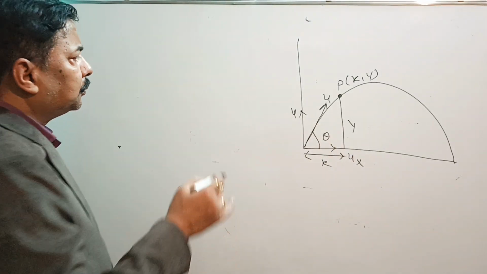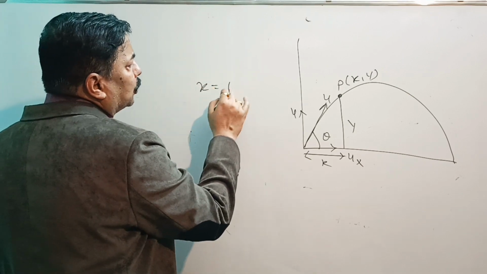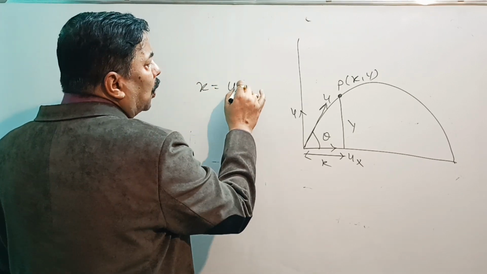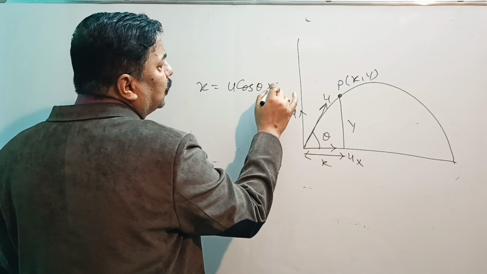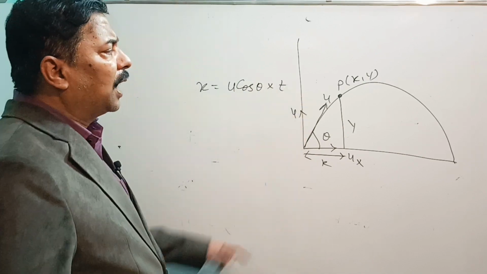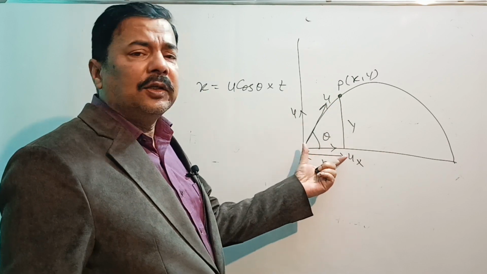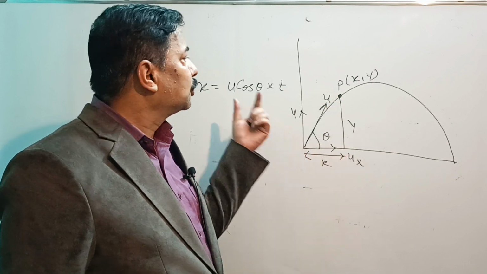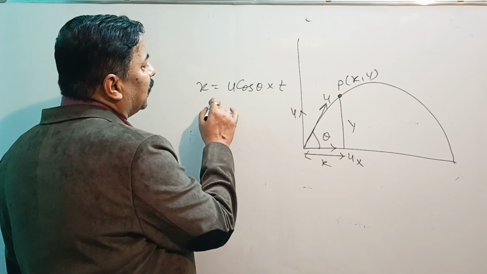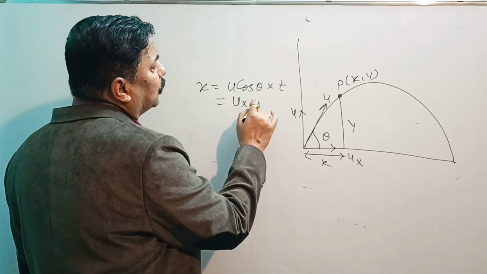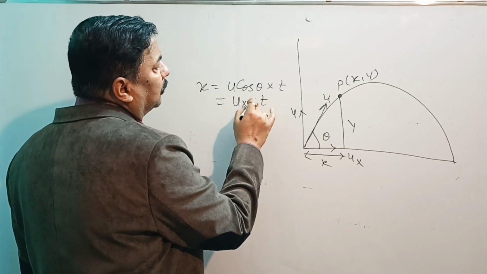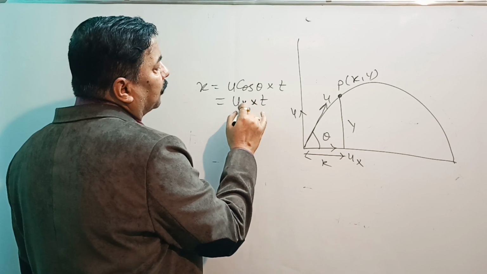So x is equal to u cos theta into time. After time t, the projectile position is P(x, y). X is horizontal motion, horizontal velocity is constant, so u cos theta. This is basically ux into time t.